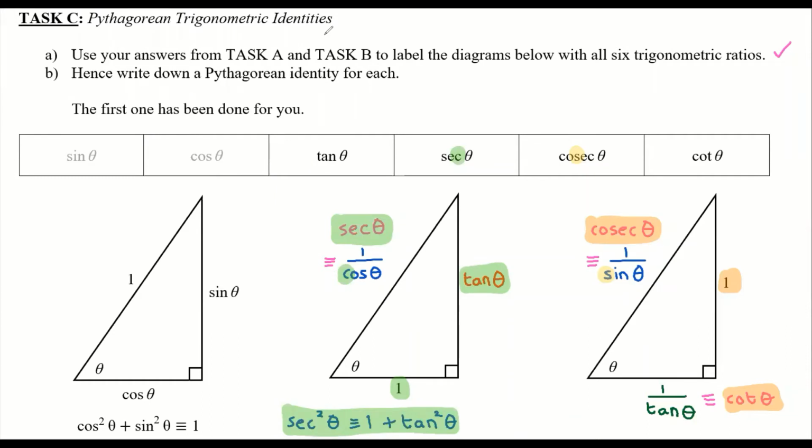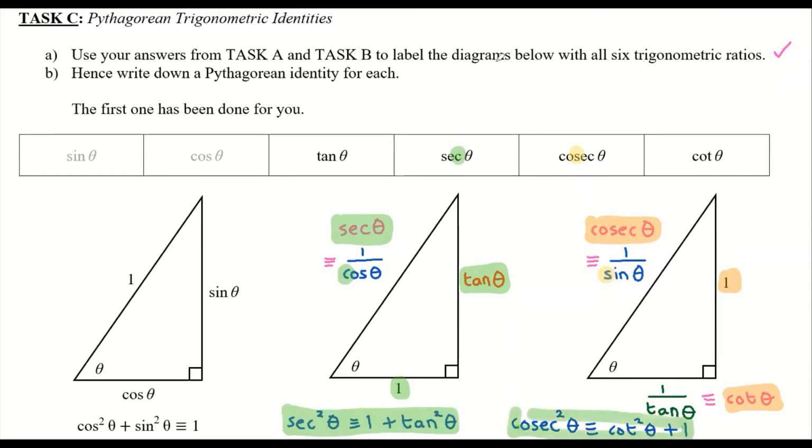Let's try again with this pen. So we have cosec squared. I'm going to start off with the hypotenuse. Cosec squared theta is absolutely identical to cot squared theta add 1. Okay, and we have another identity.